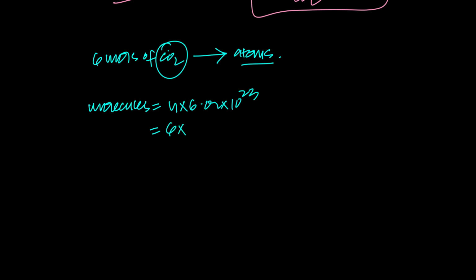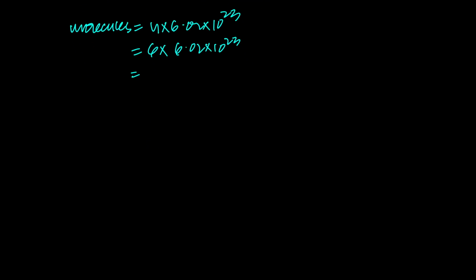Moles? 6 multiplied by 6.02 into 10 to the power 23. What do we get, everybody? And these are what? These are the molecules of CO2. Please remember, these are not the atoms of carbon dioxide, these are the molecules of carbon dioxide.